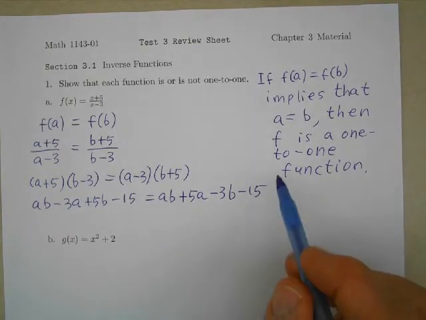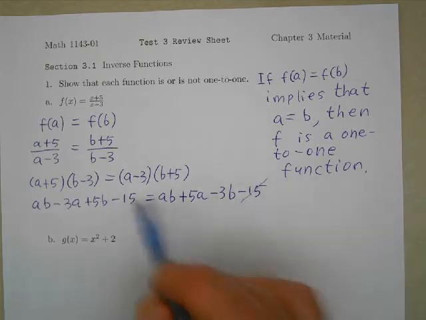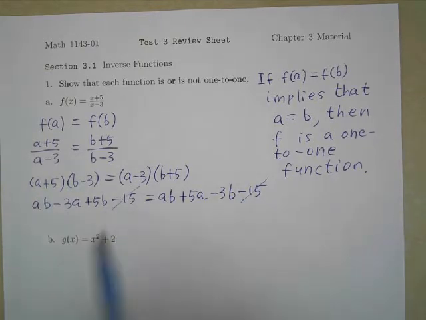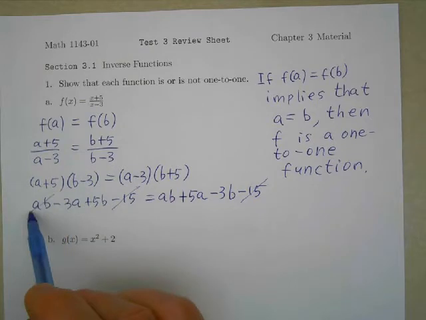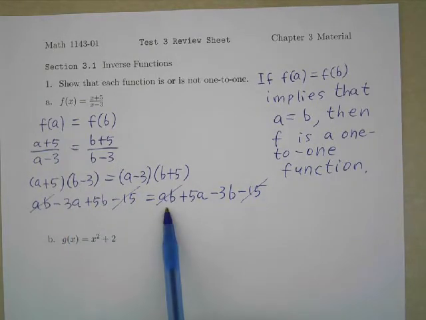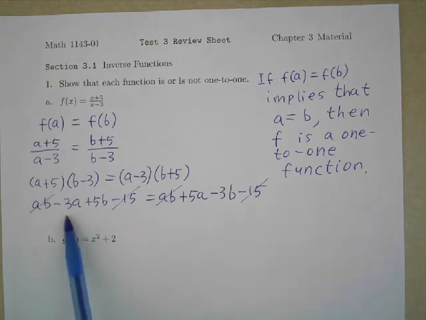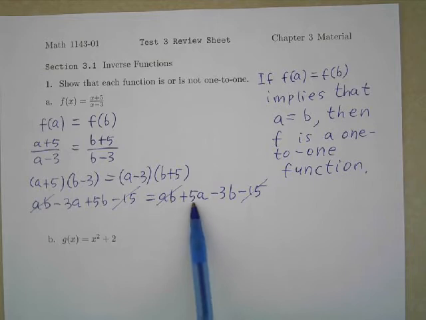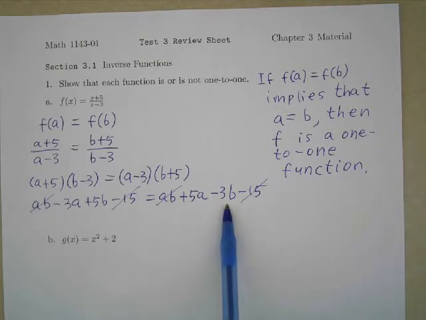If we add 15 to both sides, those numbers are eliminated. If we subtract a times b from both sides, the ab terms are eliminated. And then we're left with negative 3a plus 5b equals 5a minus 3b.